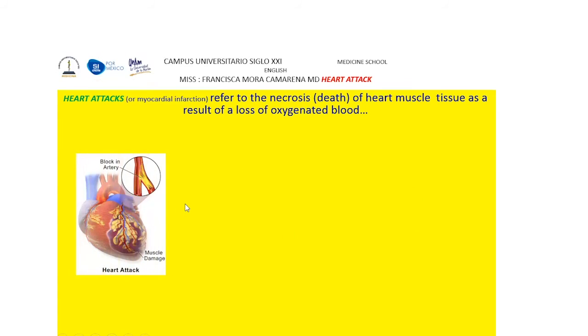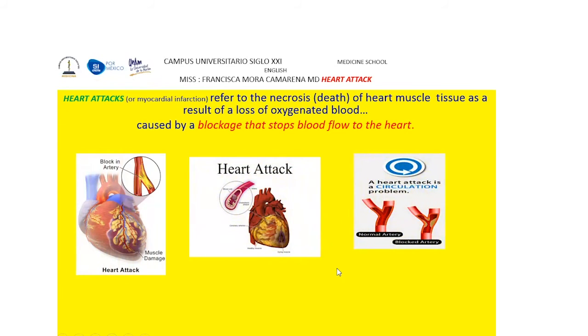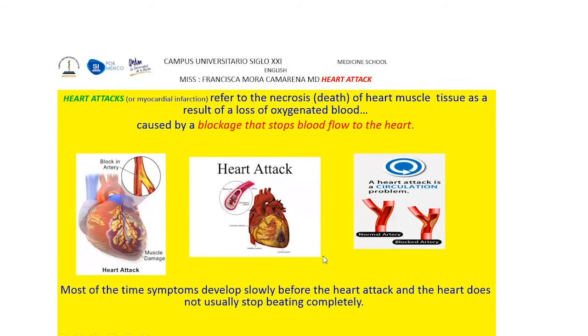We have a block in the artery, and this stops the blood flow to the heart, and eventually it will result in the death, or necrosis, of this muscle. Most of the time, these symptoms will develop very slowly before the heart attack, and the heart does not usually stop beating completely as it happens in cardiac arrest.